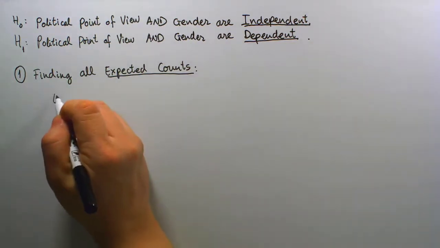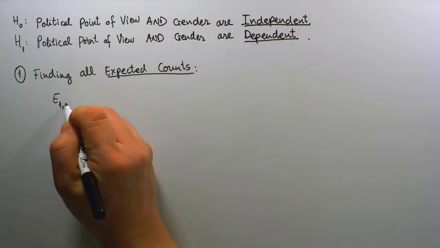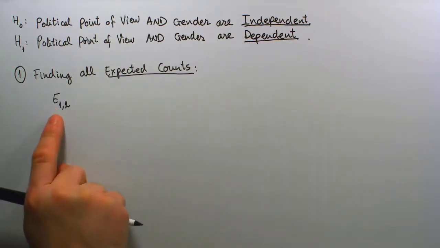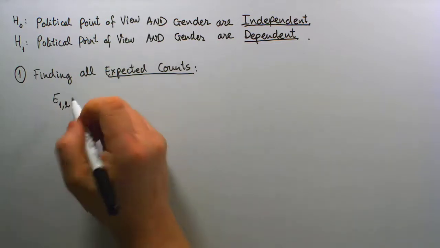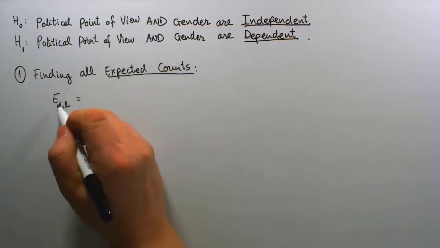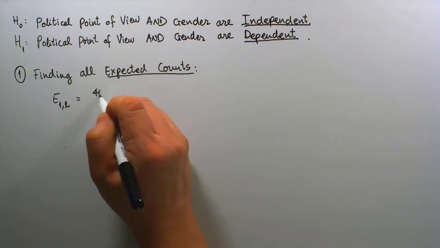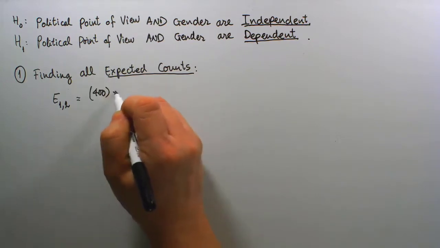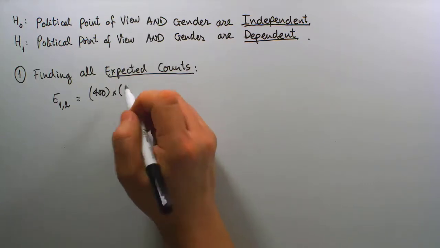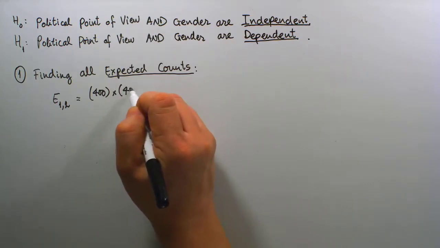Then in the same row, row 1, column 2, now I'm advancing over to calculate the expected count for row 1, column 2. And similar work is now done here. The row total for row 1 is again 400. I am going to multiply with the column total for column 2, which is also 450.